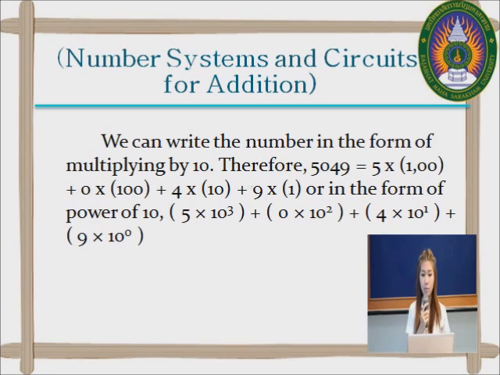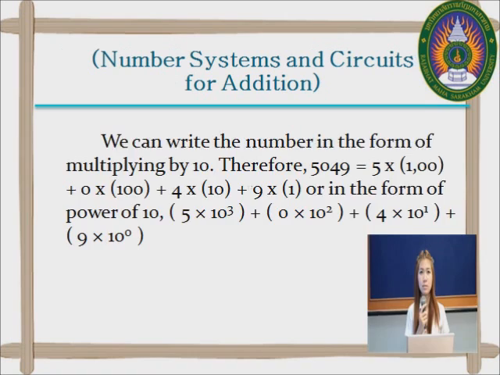Or in the form of powers of 10: 5 multiplied by 10 to the power of 3, plus 0 multiplied by 10 to the power of 2, plus 4 multiplied by 10 to the power of 1, plus 9 multiplied by 10 to the power of 0.